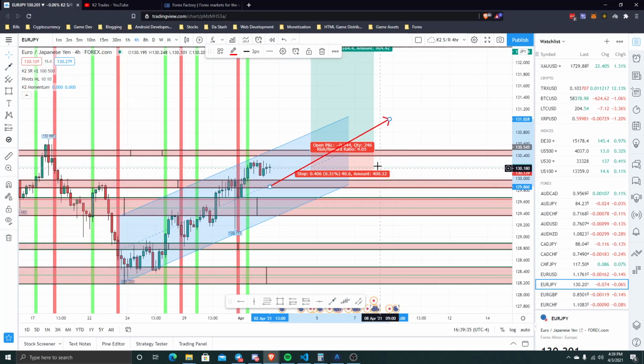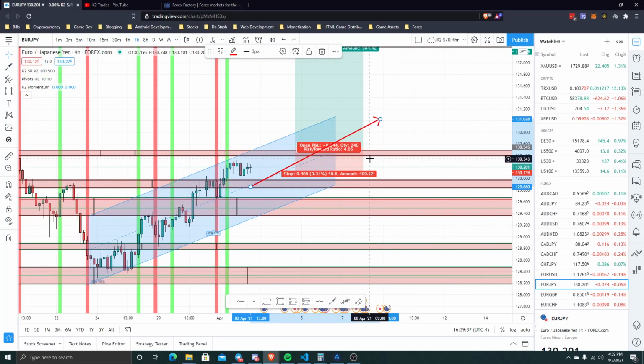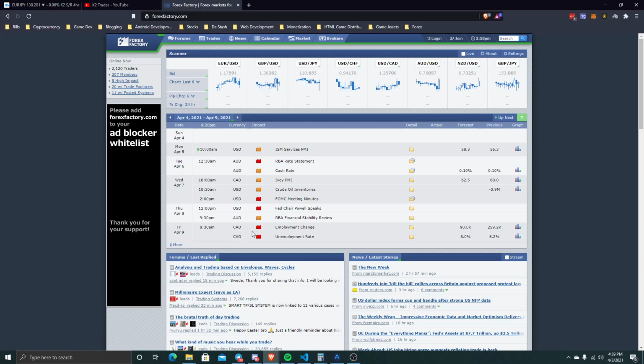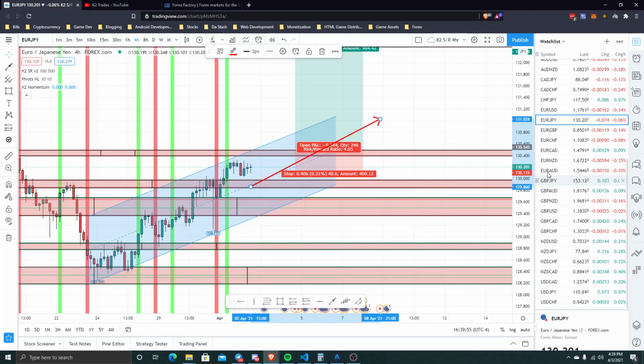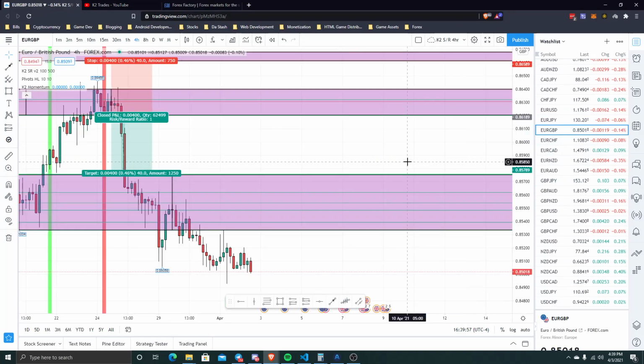But like I said, we have to wait and see how the market plays out, especially with news. We don't really have any major Euro or JPY news, but anything can happen in the world, and that alone can influence price. So, all right, Euro GBP.